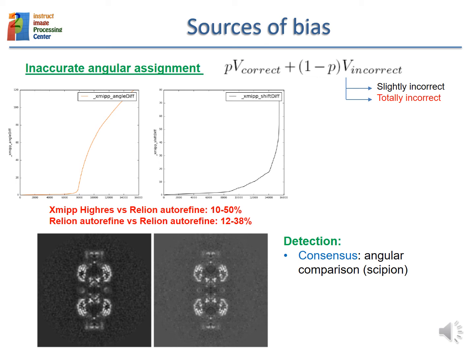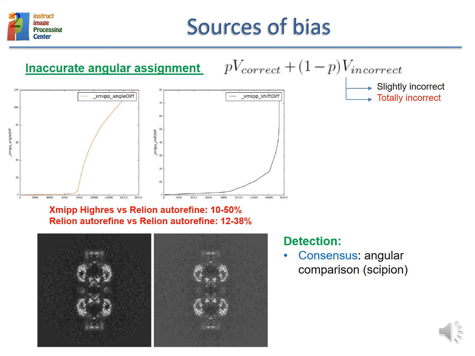But what is more interesting is Relion auto-refine with itself. If you run it twice, because it has some random component in the initialization, it may disagree somewhere between 12 to 38%. So the disagreement between two different algorithms is not necessarily different from the disagreement between two runs of the same algorithm.